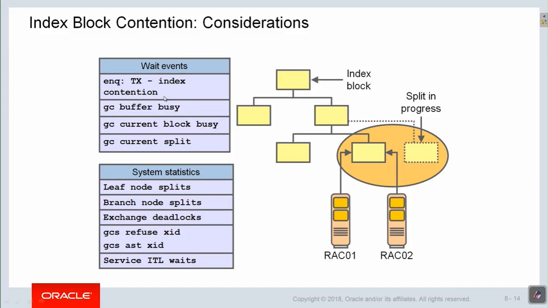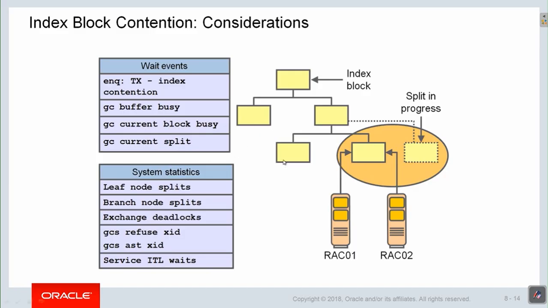Because of that, you will see this kind of observation: transaction index contention, global cache buffer busy, meaning the same hot block is accessed by multiple sessions from multiple instances, and also block busy, where before the commit, another instance requests the same block. Thus, the redo must be flushed. So there are actually many things going on.